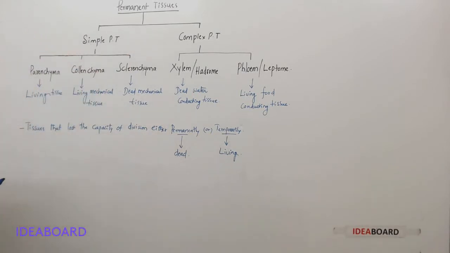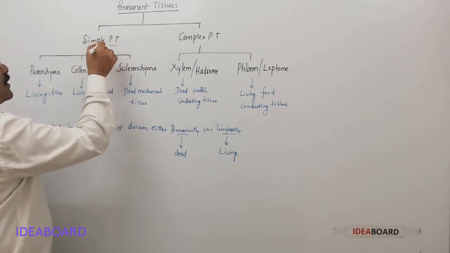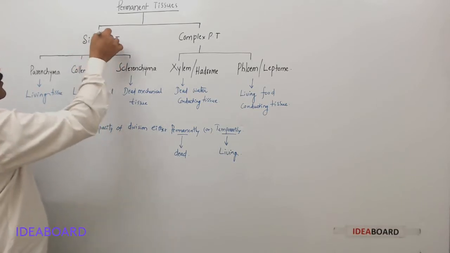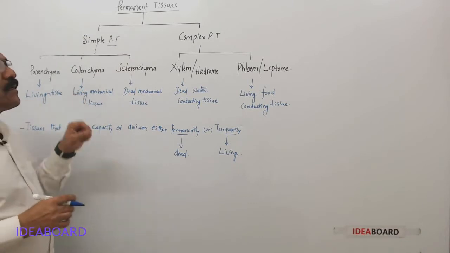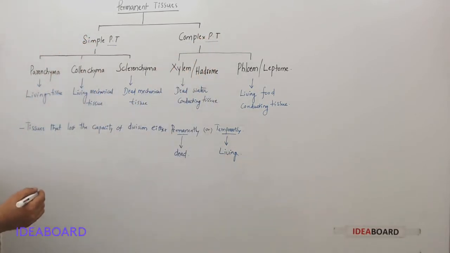Now you see, all these permanent tissues are derived from meristematic tissues only, and they form different types of permanent tissues. We can recognize two important permanent tissues here: simple permanent tissue and complex permanent tissue, where I wrote PT for permanent tissue. So what is a simple permanent tissue?